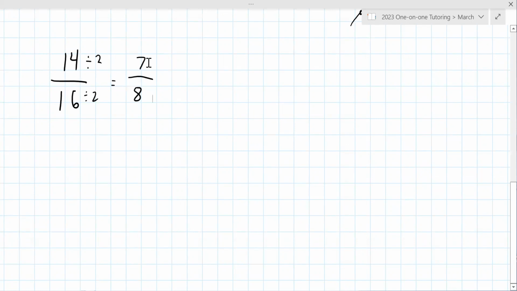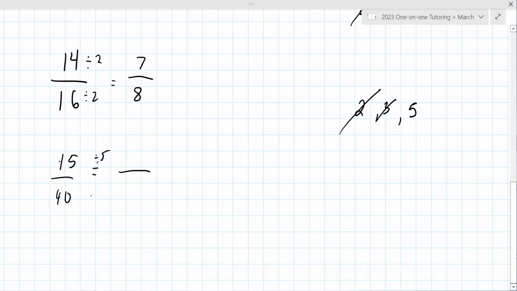This is the hard part. Is there a number that goes into both 7 and 8 besides 1? No. 7 is prime, so that's a good stopping point. Now 15 over 40. 2 doesn't work because of that one. 3 works for 15, but it doesn't work for 40. So the next number you try is 5. And 5 works.